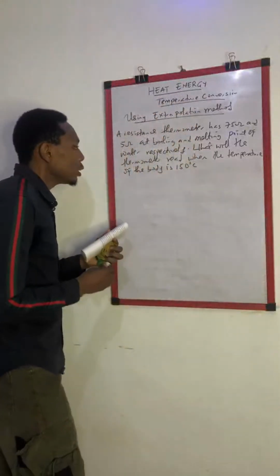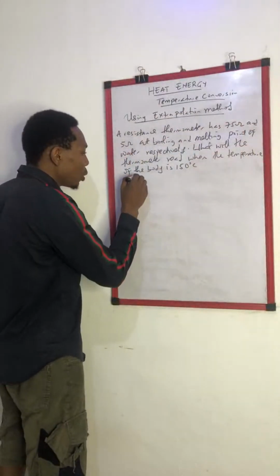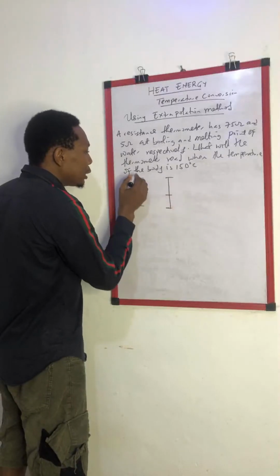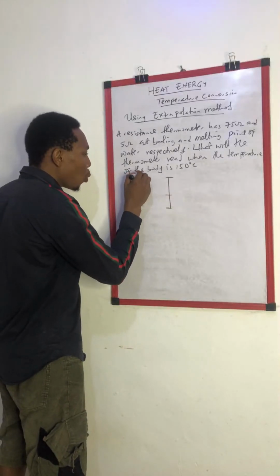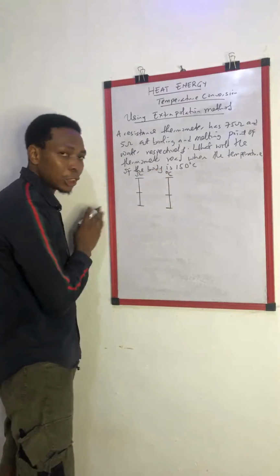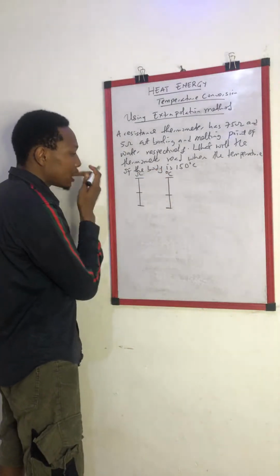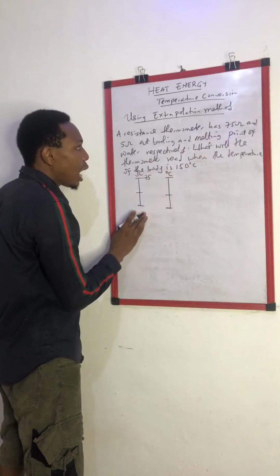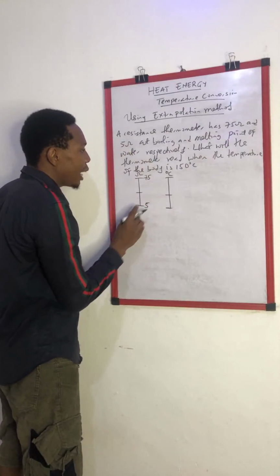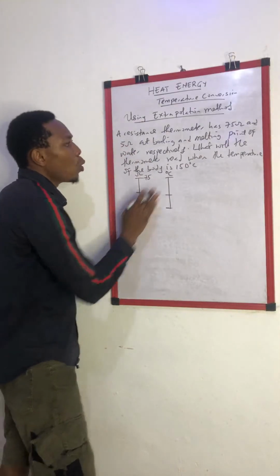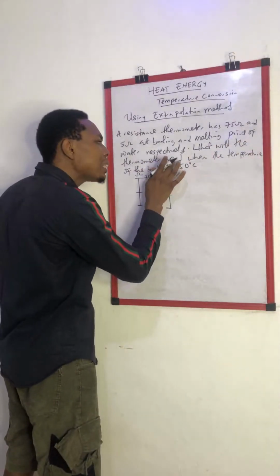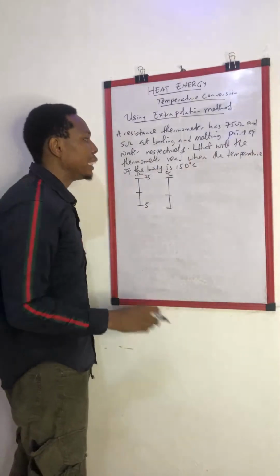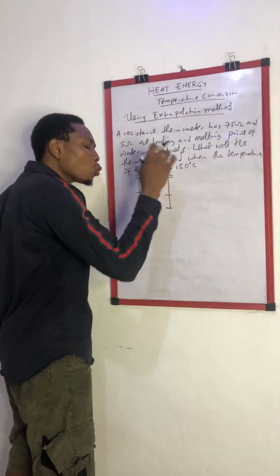So using the extrapolation method, we have it this way. This scale is for ohms, while this one is for degrees Celsius. Our upper fixed point is 75 and our lower fixed point is 5. We are asked what the resistance thermometer will read when the temperature of the body is 150.